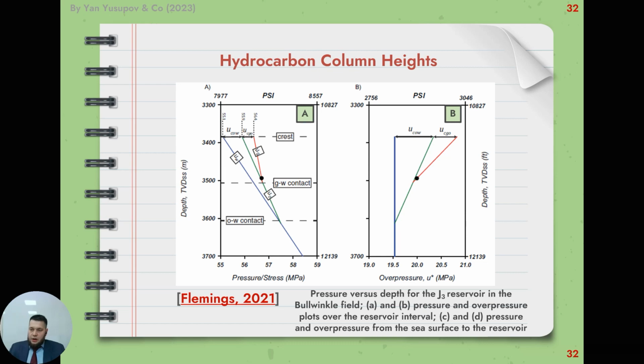The pore pressure elevation may be caused by the hydrocarbon buoyancy effect due to density contrast between the hydrocarbon and water. The pressure elevation due to the difference in densities gradually decreases from the maximum value at the top of the reservoir to zero at the water and hydrocarbon contact.